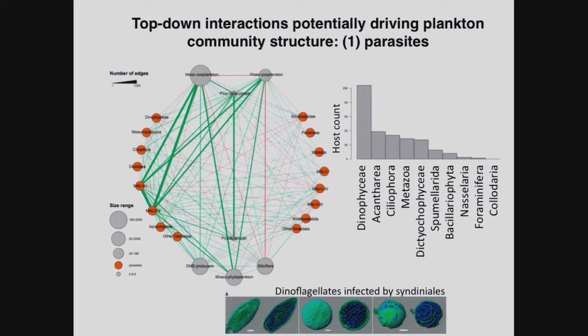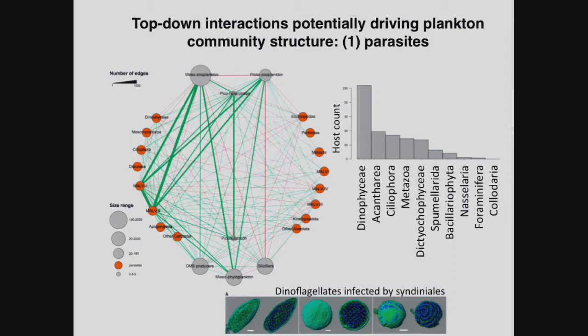So we looked at the global food web and the functional groups, and asked where those parasites affect things. Basically, they affect things across the globe. They seem to be interacting with both the heterotrophs and the autotrophs at the various scales, and we see that they're affecting a large number of different groups.